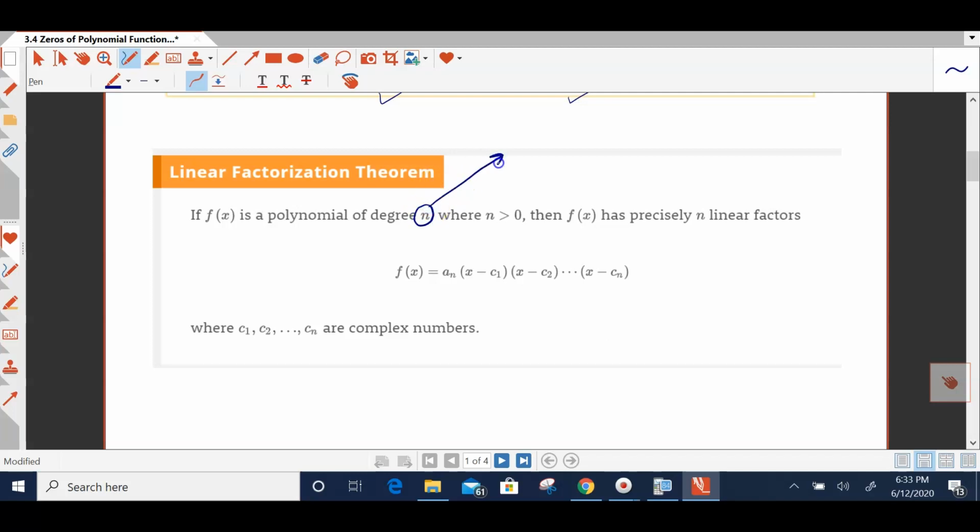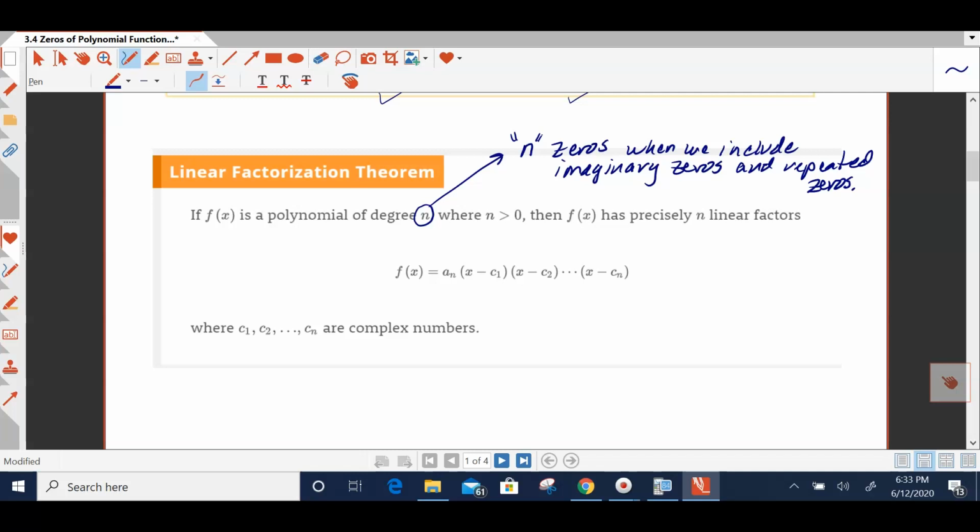That degree n tells me I'll have n zeros when we include imaginary zeros and repeated zeros. So that degree of n tells me exactly how many zeros I'm going to be looking for.